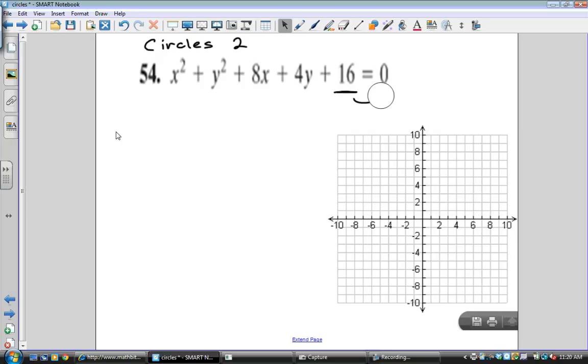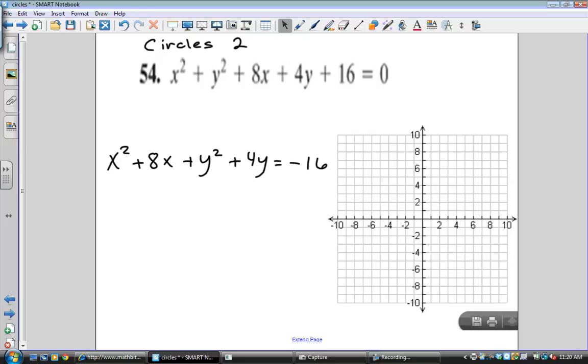Now, I'm going to rewrite it so that my x squared and my x terms go together, and my y squared and my y term go together. And the 16 we'll just throw on the other side. So we'll get x squared plus 8x plus y squared plus 4y equals negative 16 there.